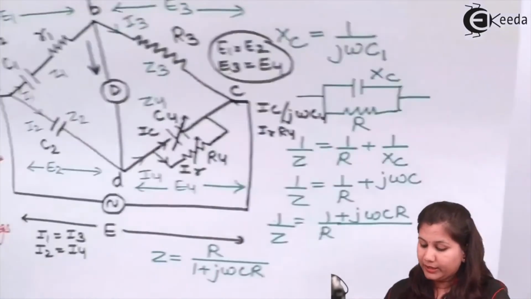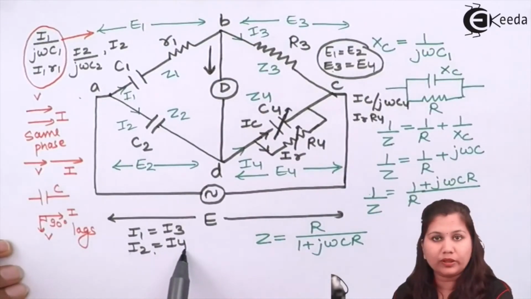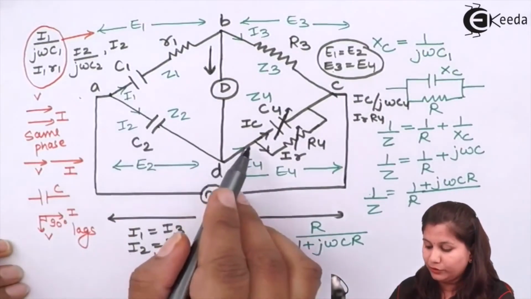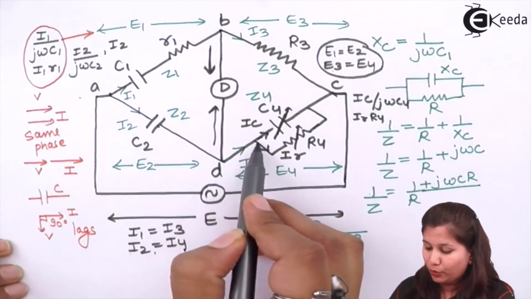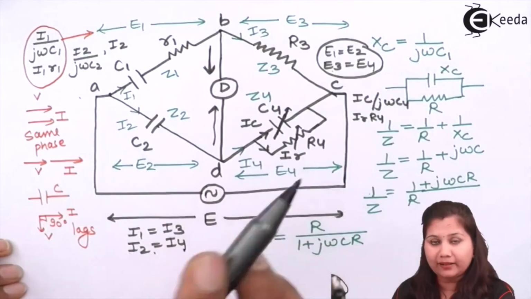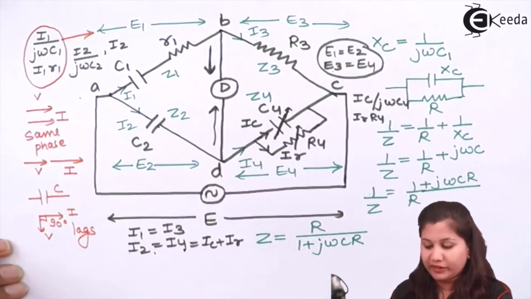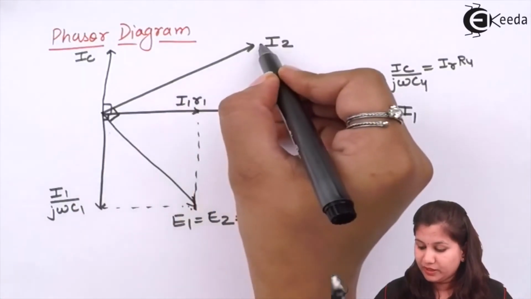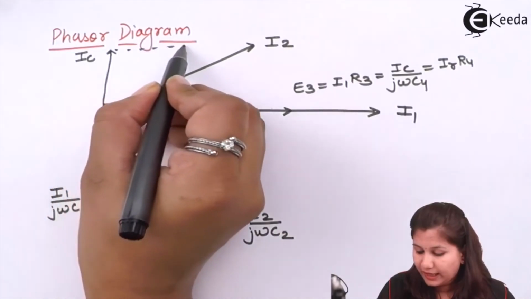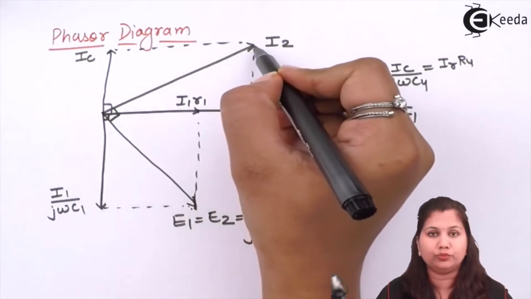Now, as we have said, this I2 current is also equal to I4. No current is flowing in this arm, so I4 is IC plus IR, or we can say IC plus IR is equal to I2. So I2 is here. If we extend this IC and IR, we will get this current I2.